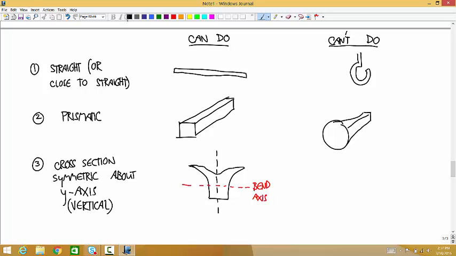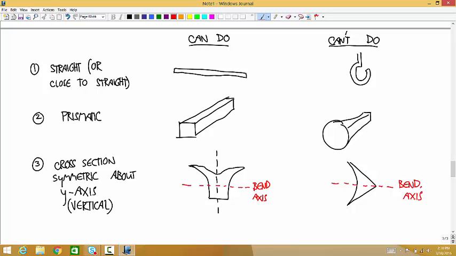But we can't do something like bending it this way. We could do calculations where we were bending it the other way, because then we'd think of this red one as our vertical axis, our y-axis, and then it would be fine. But if this is our bending axis, that's the bending axis.